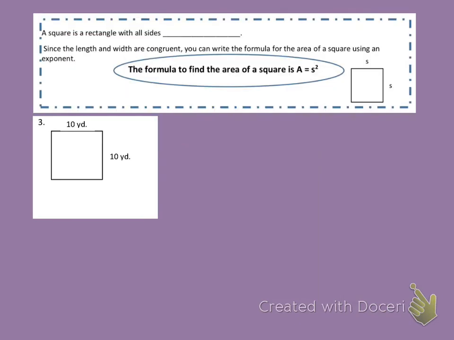Our next formula says a square is a rectangle with all sides congruent. And since the length and width are congruent, you can write the formula for the area of a square using an exponent. So instead of area equals base times height right here, it's going to be that this is a side and this is a side.